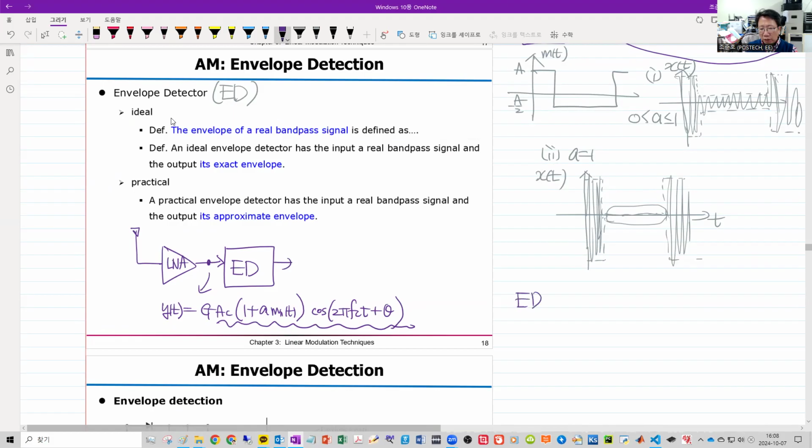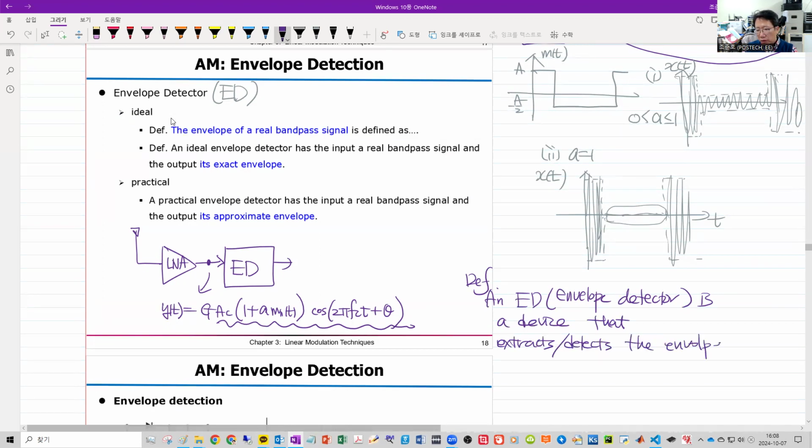An envelope detector is a device by definition that extracts, or in this case, detects the envelope of a real valued bandpass signal input.